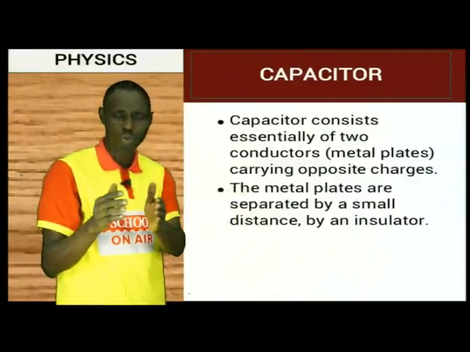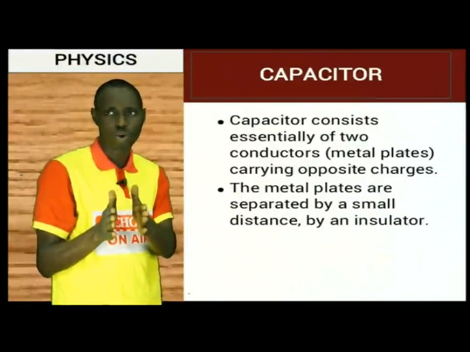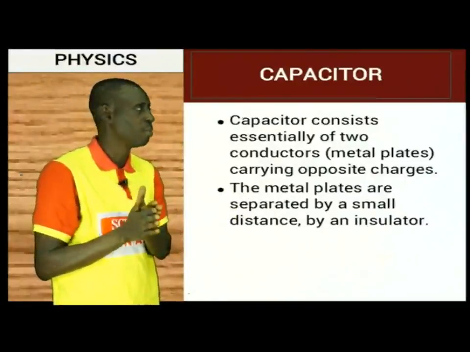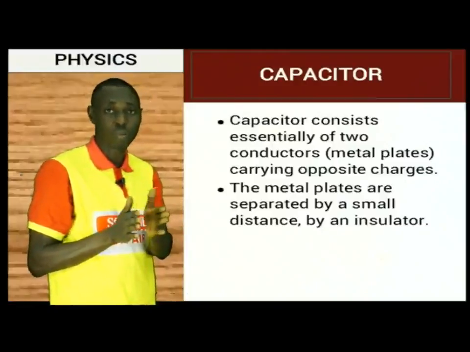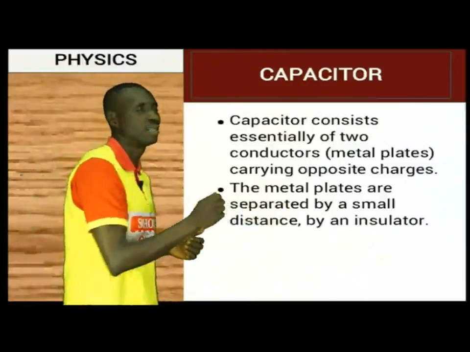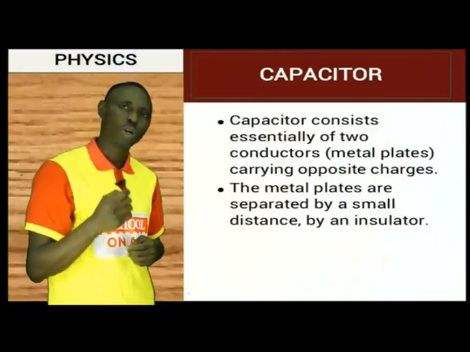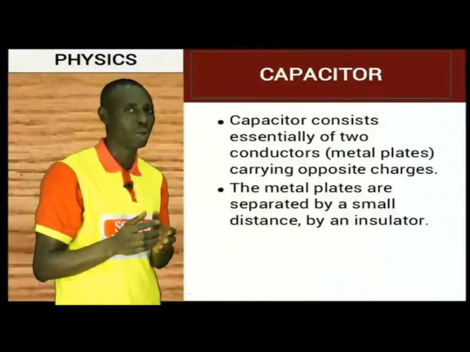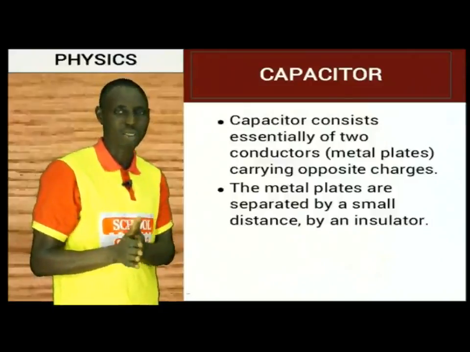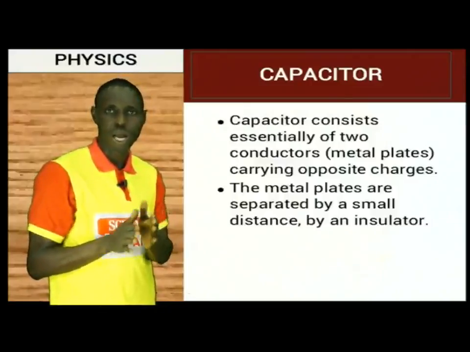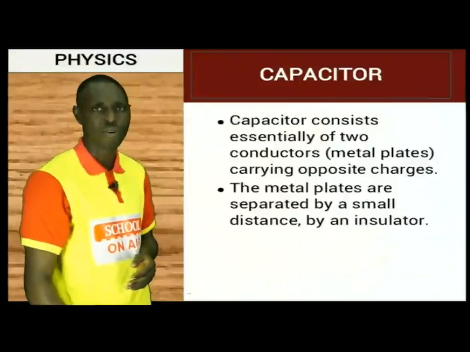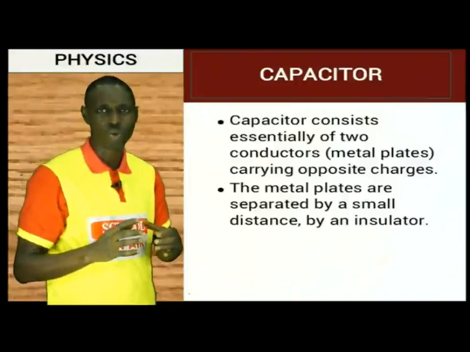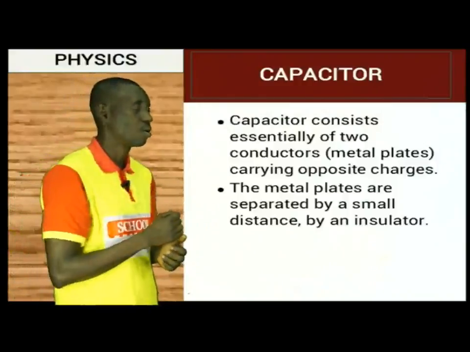So you have two conductor plates, and between them, within a short distance, you have an insulator. You will recall from that formula that the distance between them is always measured in meters, but the distance is generally not too far, and between those two plates of conductor we have an insulator.